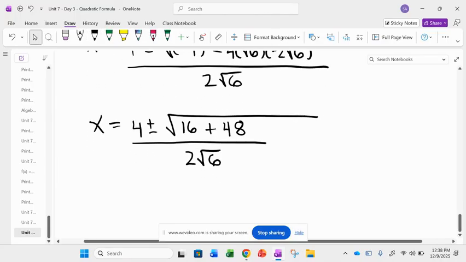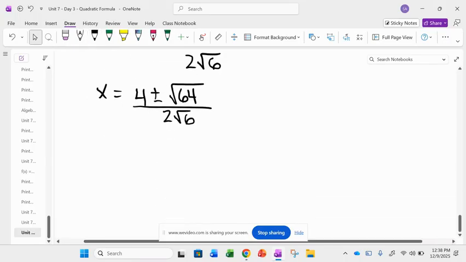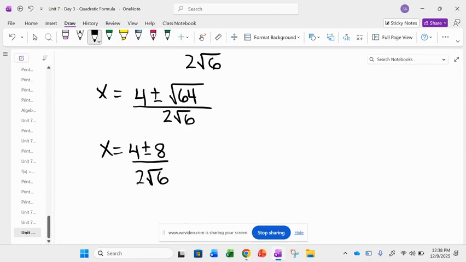So I'm still trying to simplify what's inside that radical. So I have 4 plus or minus the root of 64 all over 2 √6. But what is the square root of 64? 8, right? The square root of 64 is 8. So we're going to have x is equal to 4 plus or minus 8 over 2 √6.